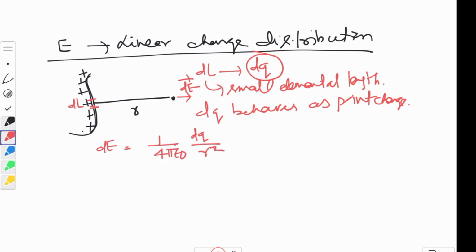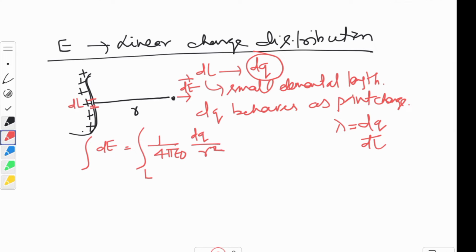Now for the entire length, what we have to do? We have to integrate over the length L. We know the linear charge density lambda is equal to dq by dl. So over the length, we have to replace this dq in terms of dl. Then only we can integrate.